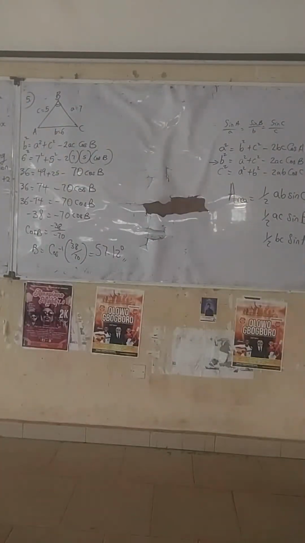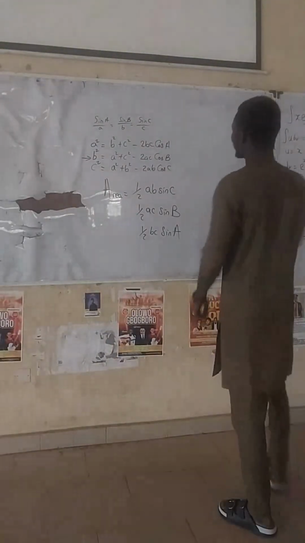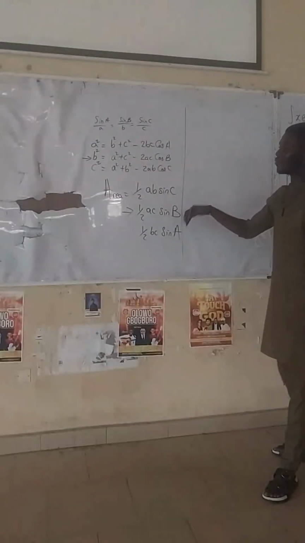According to who made the law, he said this, it has to be the same. Now, if you are making use of this to get the area, which is this second one, based on the angle P that we've gotten.